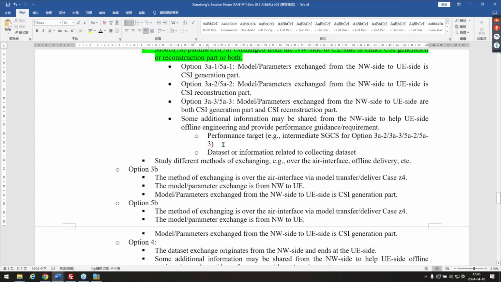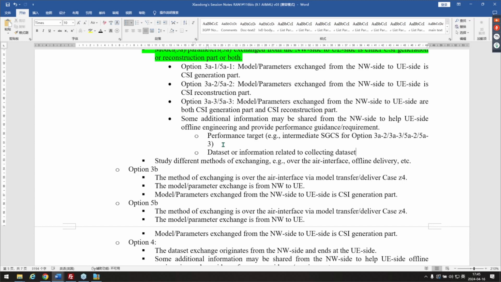Yeah, thank you, Mr. Chair. So I have one question. We have these labels, 3A-1, 3A-2, and so on, and then we have another note that says the parameters or the model can be from UE to the network. So we have these labels for the sub-options, but they are defined from network side to the UE side.